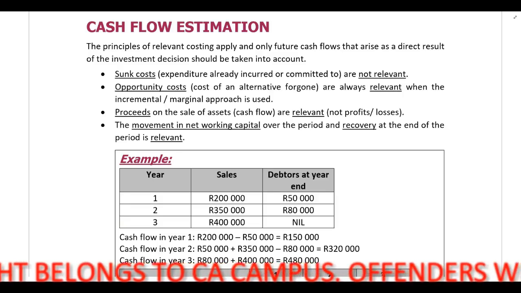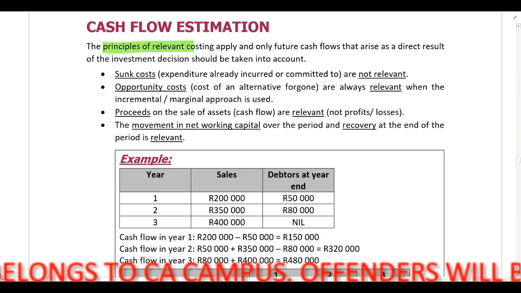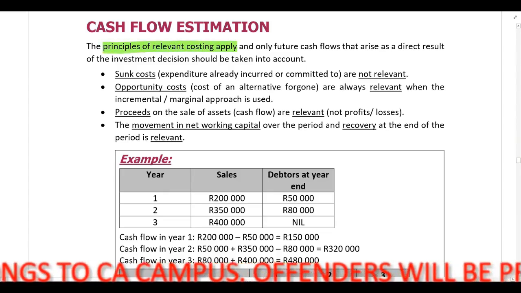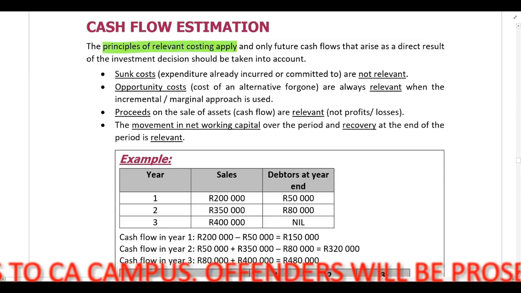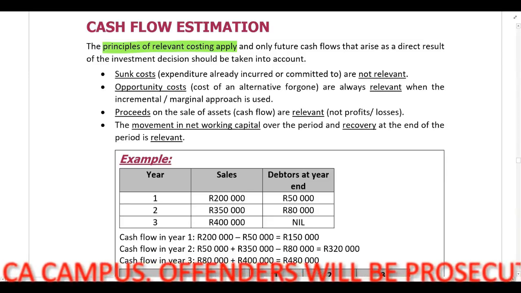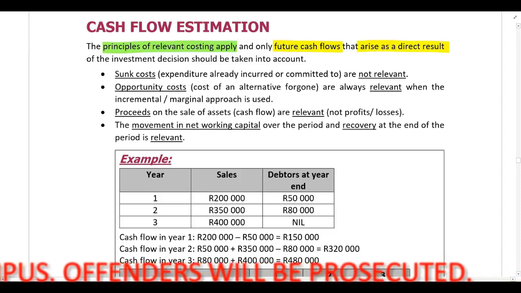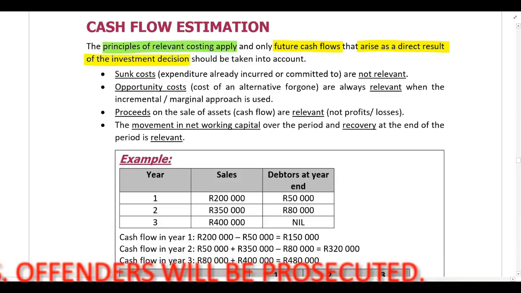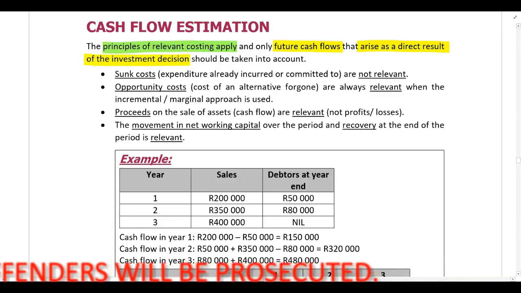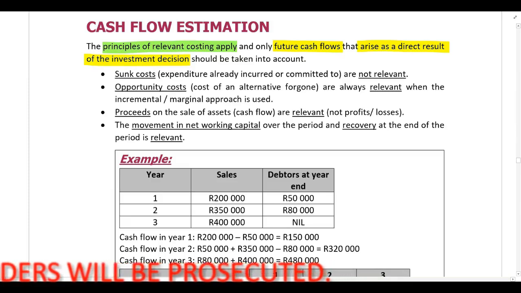which to exclude. Please note the principles of relevant costing apply. In other words, we only take into account future cash flows that arise as a direct result of the investment decision. Please note there are 3 components to this definition.